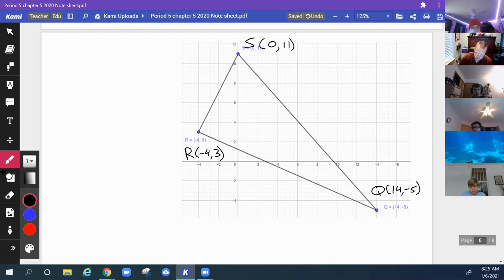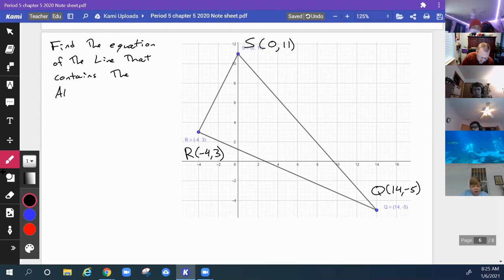What I want to do is, I'm given this triangle, and I want to find the equation of the line that contains the altitude.